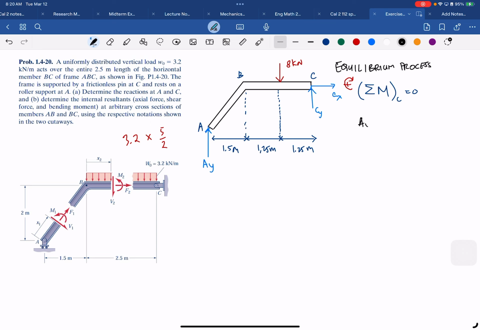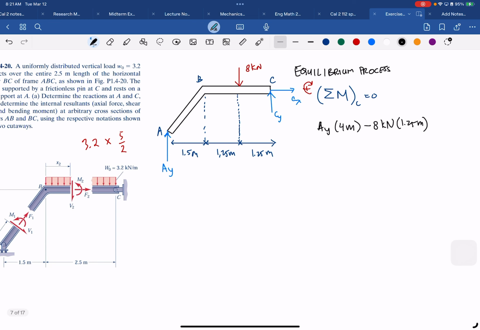So AY multiplied by 4 meters, which is clockwise, minus 8 kilonewton multiplied by 1.25, equals 0. From here we get AY. I can simplify 4 and 8, so it becomes 2.